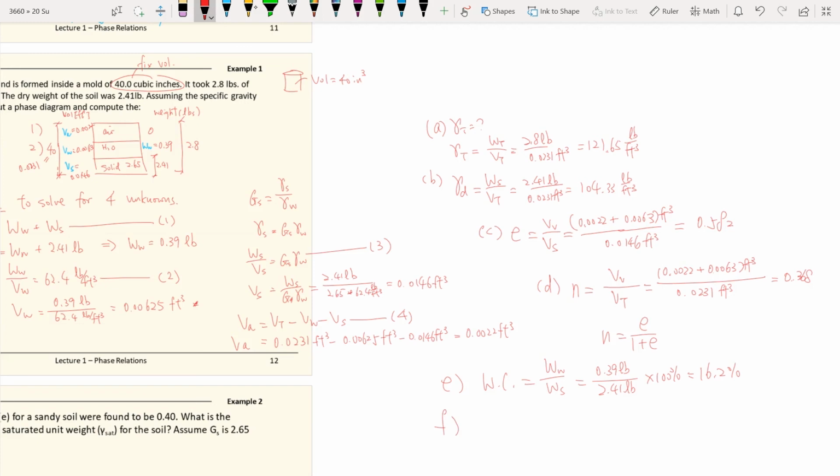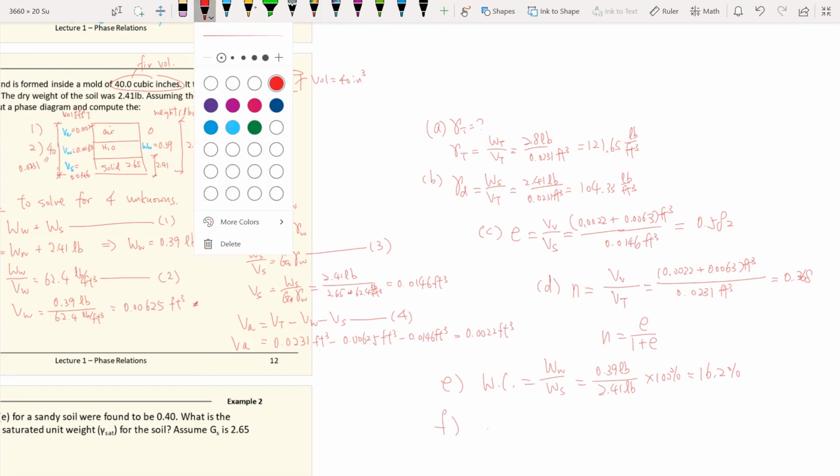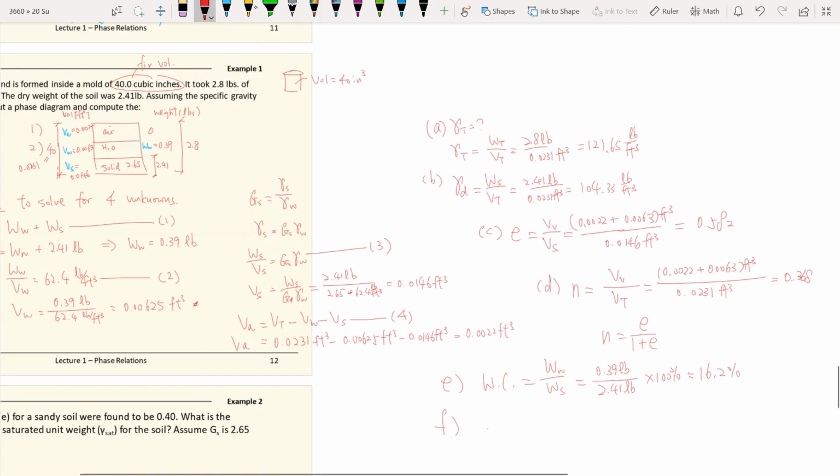And lastly, it asks you for the saturation, which is equal to the volume of water within the void.